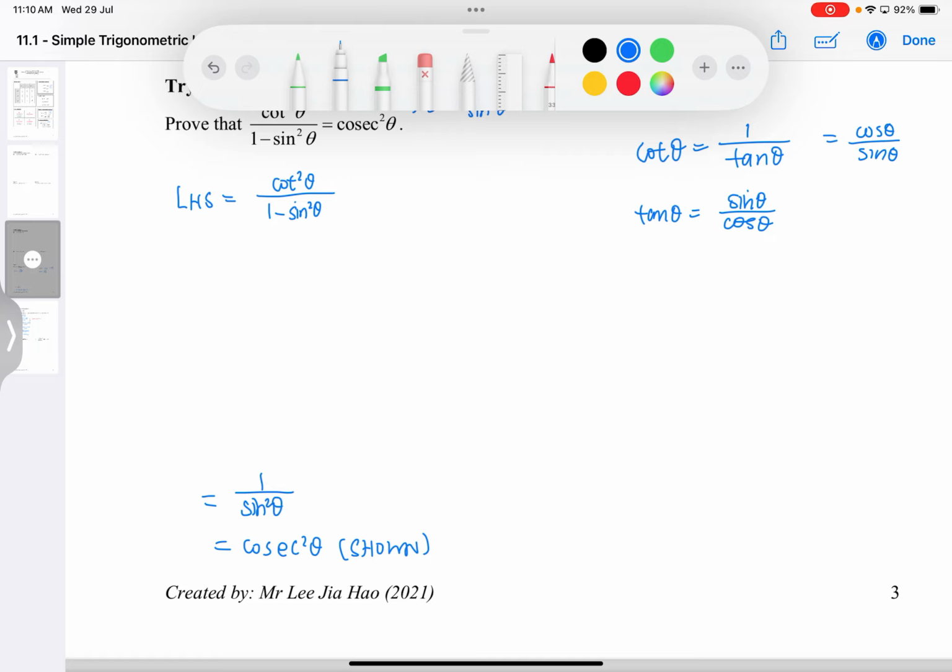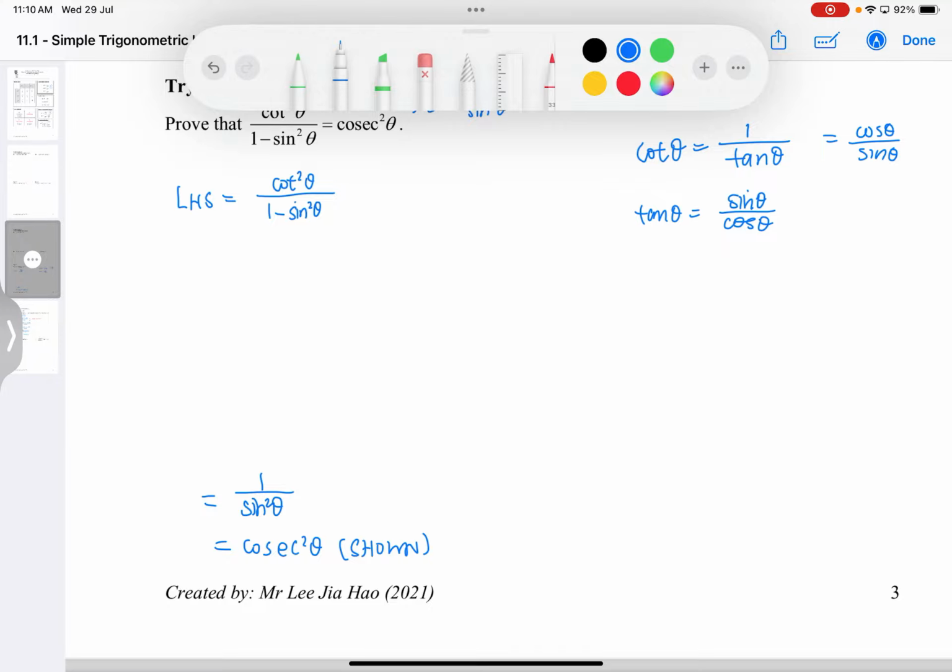Reciprocal means you flip. So cotangent is 1 over tangent, and tangent is sine over cosine, so 1 over tangent is the flip of it, cosine over sine.